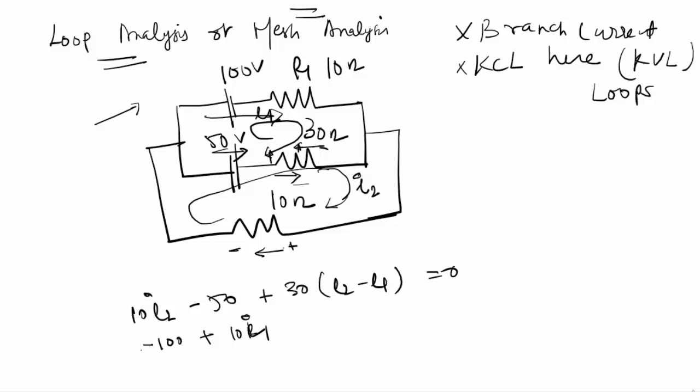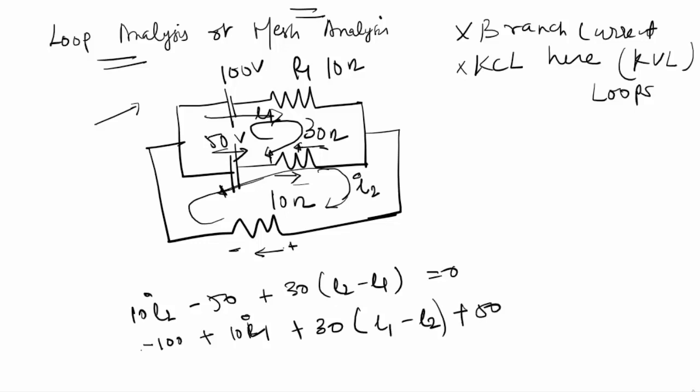Again I will come to this resistance, which is 30, and here it will be I1 minus I2, and finally I will come across this voltage. There is a voltage drop here, so it will be positive 50.